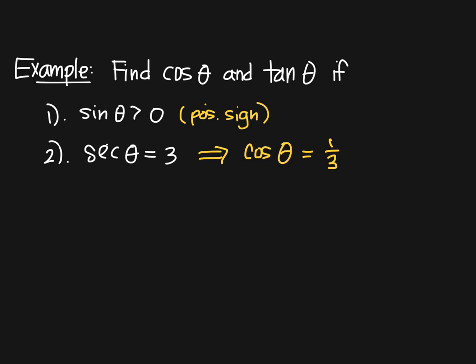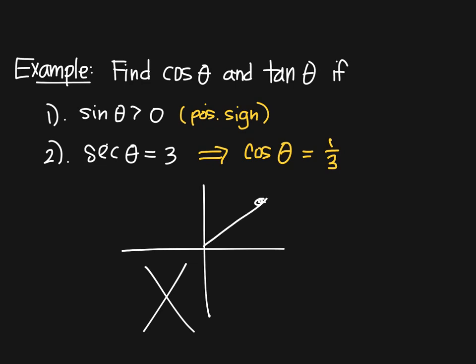All right, now I need to draw a reference triangle, and I need to have positive sine. So what should I eliminate right away? Quadrant 3. Everything's negative in quadrant 3. That is no good. All right, well, let's try quadrant 1. It's the most obvious.